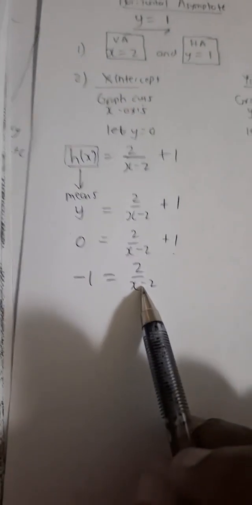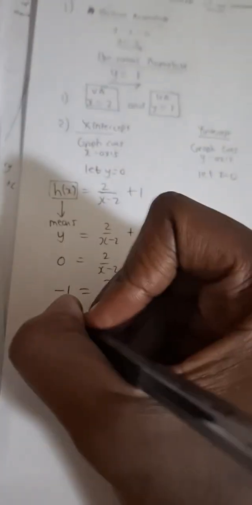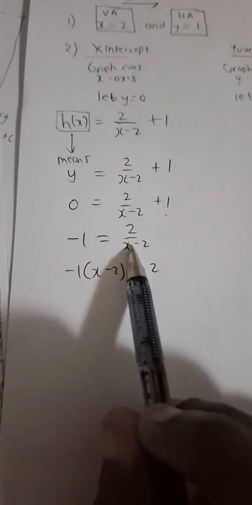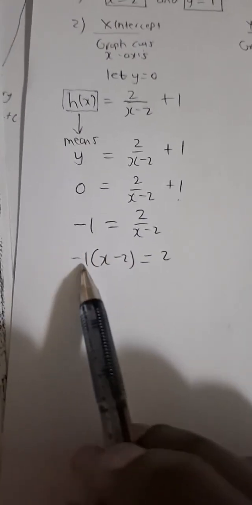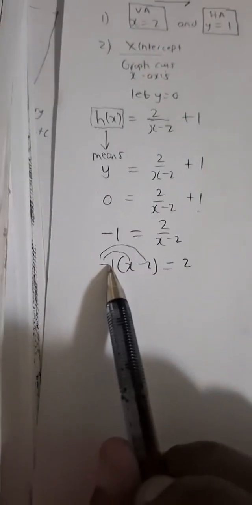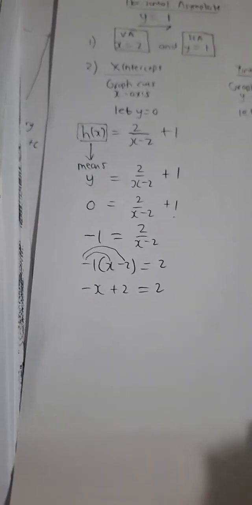And then he said, let's cross multiply the x minus 2. And this is what happens, guys. We now have negative 1. If we cross multiply the x minus 2, we get x minus 2, which needs to be multiplied with negative 1. Then we distribute. Negative 1, you distribute it to the x, you distribute it to the negative 2. Then we get negative x plus 2, which is equal to 2.